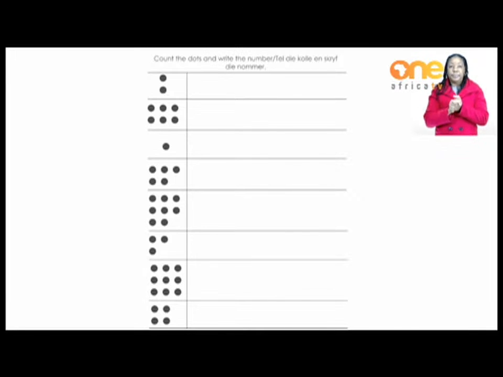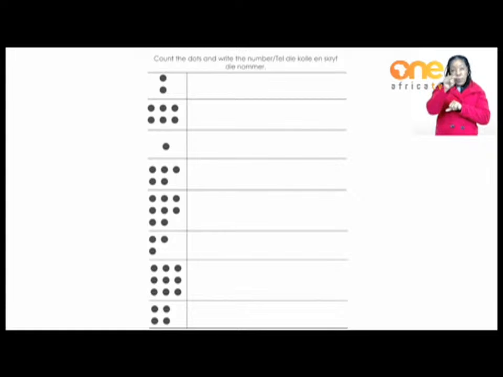In the first row right at the top, how many dots do we have? 1, 2. That is correct. And next to that 2, over the line on the right-hand side, write the number 2. And as you write your number 2, remember the 2 has to touch the top and the bottom line.